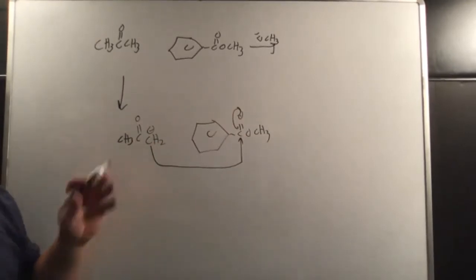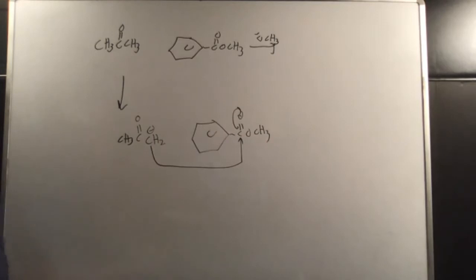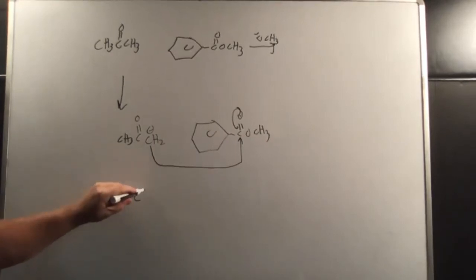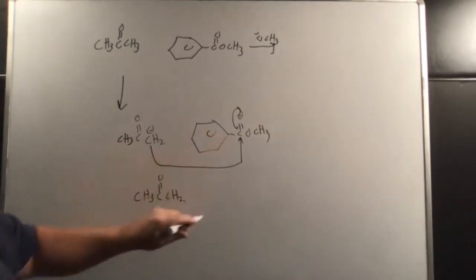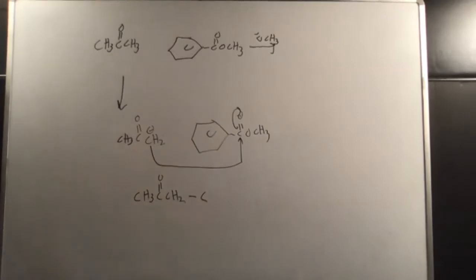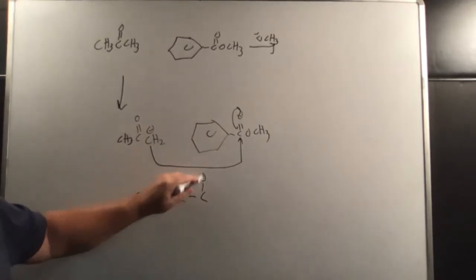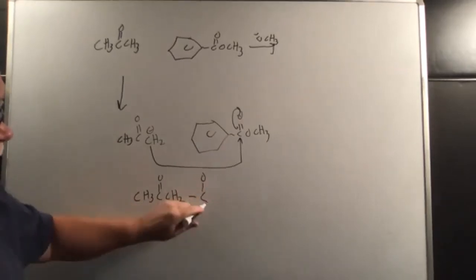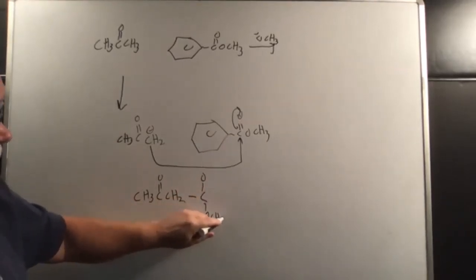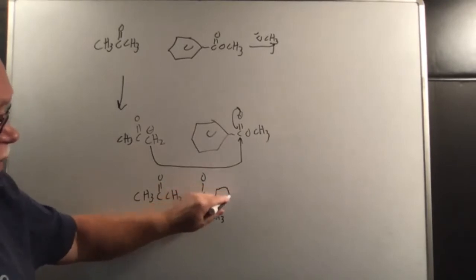So again, notice what I'm doing. I'm rewriting the steps so I don't get lost. There's the CH3, C double bond O, CH2. Notice here's this C. I'm going to write the O up and the OCH3 down, and the phenyl group over here.